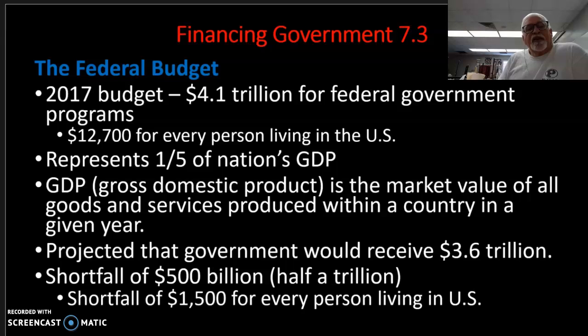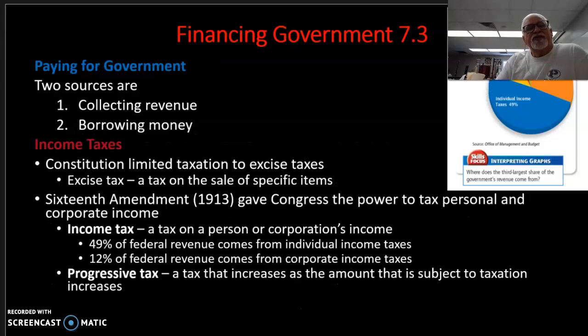It's projected the government in 2017 would receive about $3.6 trillion, which meant there was a shortfall of $500 billion. That shortfall amounts to $1,500 for every person living in the United States. That's a lot of money.